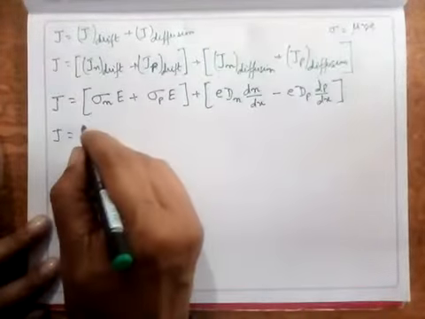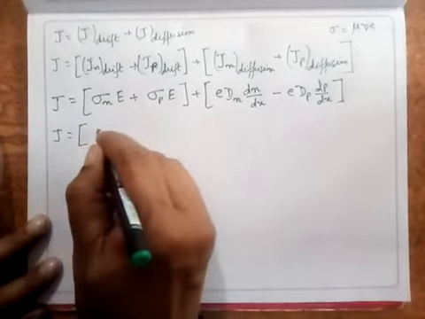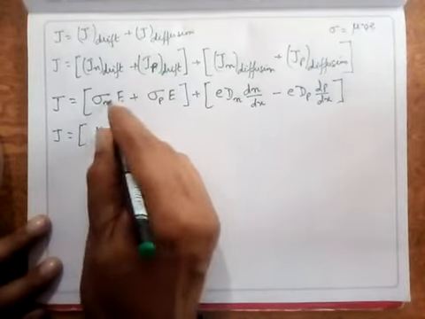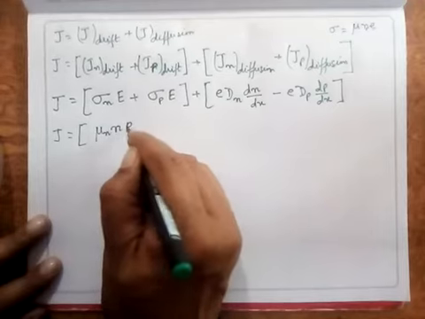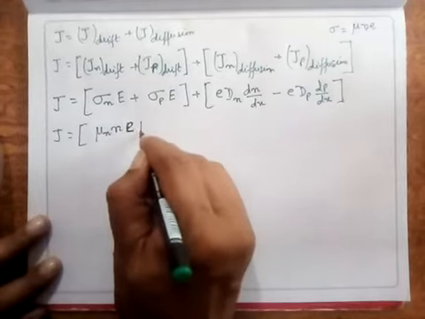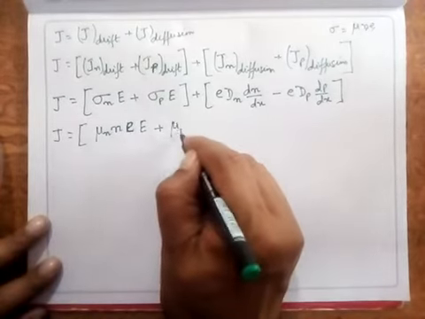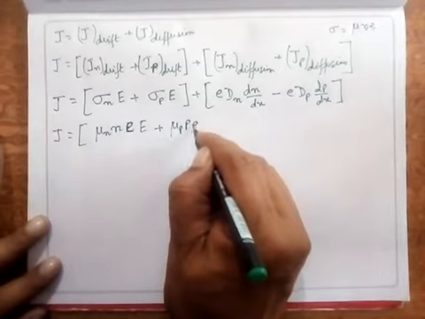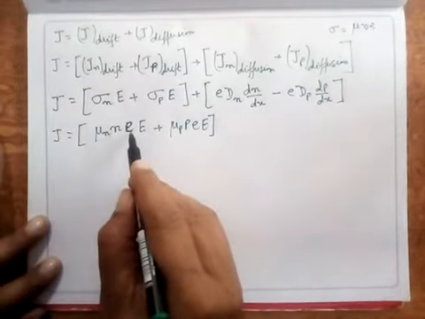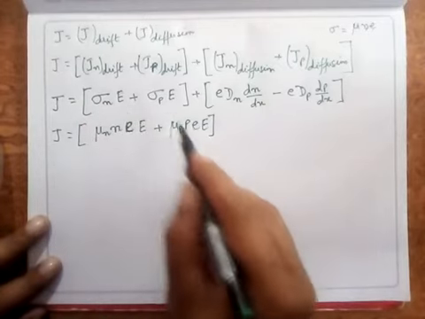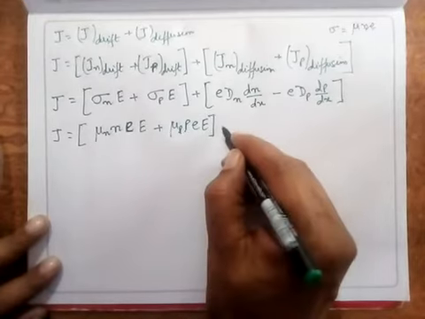When I talk about electrons, sigma is equal to mu N, N into small e, plus for holes this will be mu P into e, and this capital E is already there. Here it will be mu P, in place of N it is P, plus the same factor.